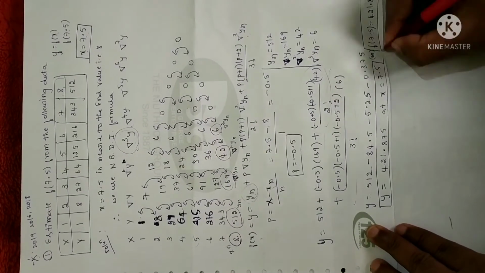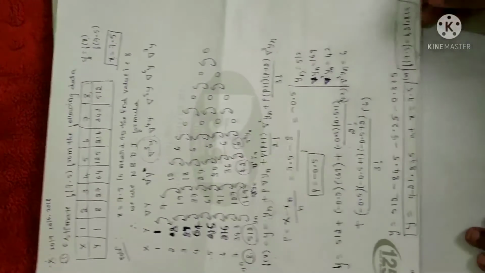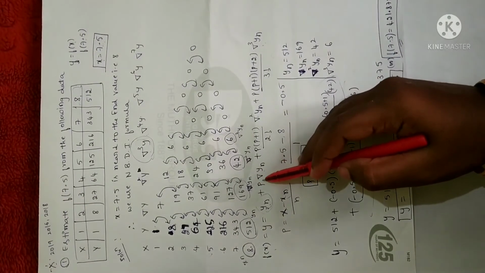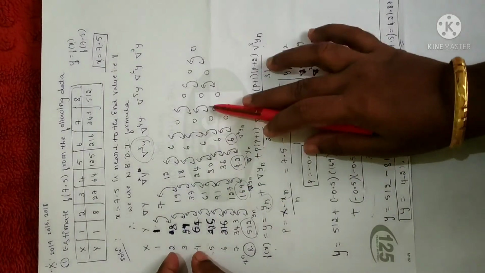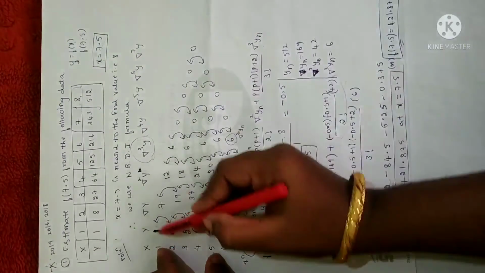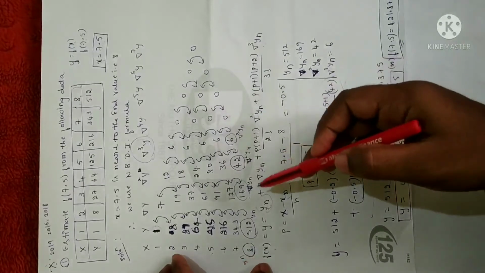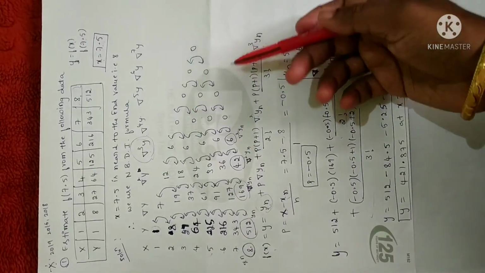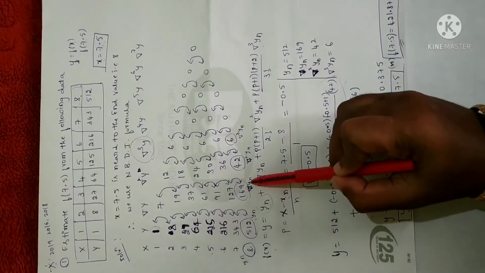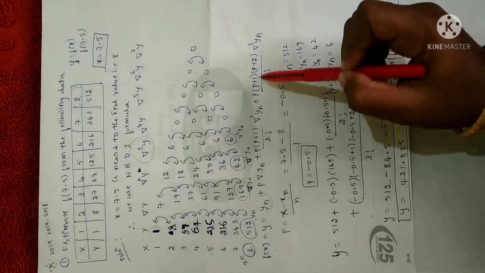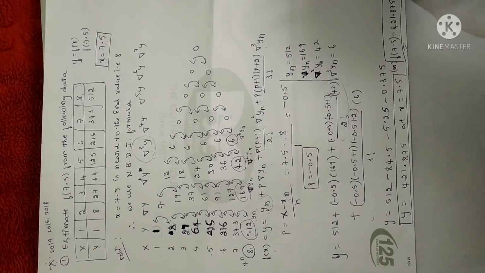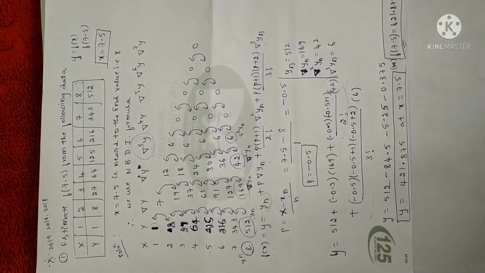Everything will be the same, only the formula changes, that is the backward difference operator, and you have to construct the backward table. In the forward difference, the first values will be y0, delta y0, delta square y0. But here in reverse it is the last value. Remember the formula, you will get plus here. Once you remember the formula, it is very easy for calculation. Your entire statistics is based on formula only.